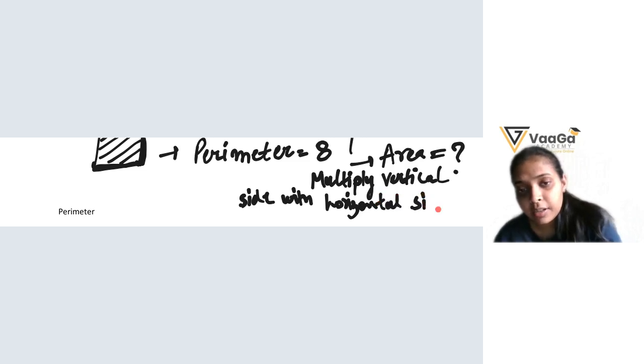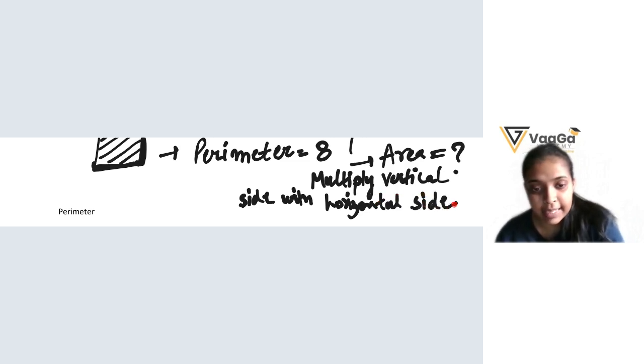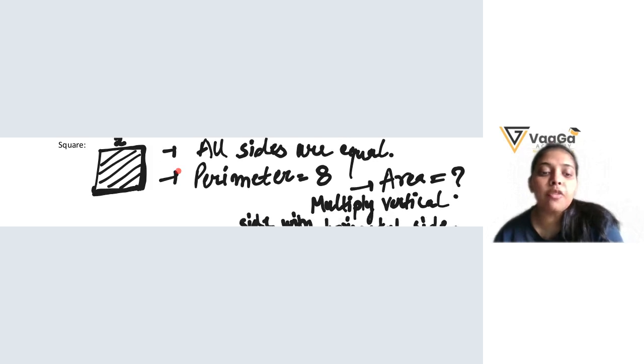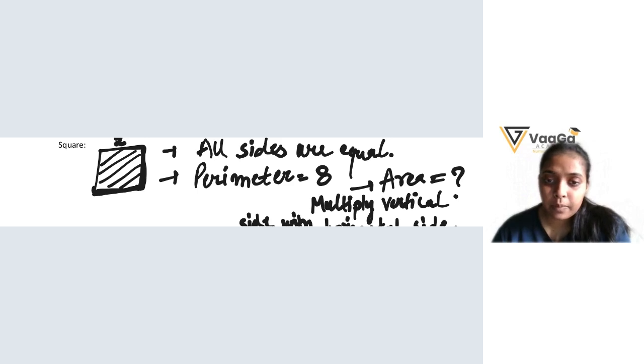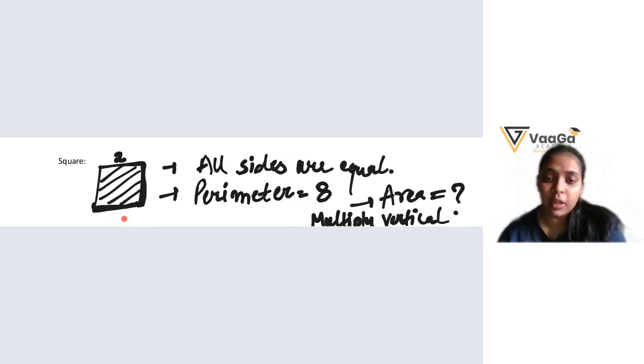Did you get it? Yes. Now can you tell me the area for this square? The area will be 4. Very good, because this is also 2.